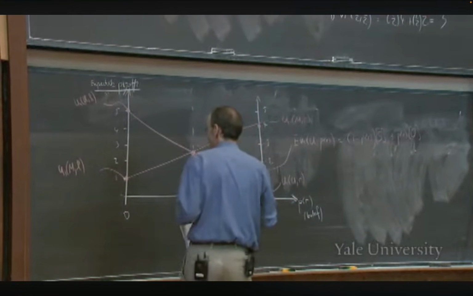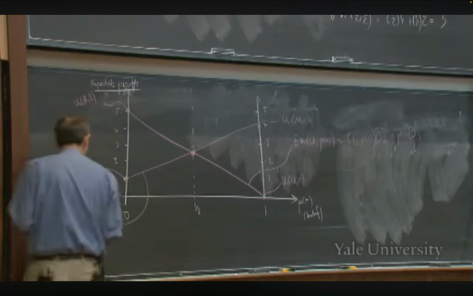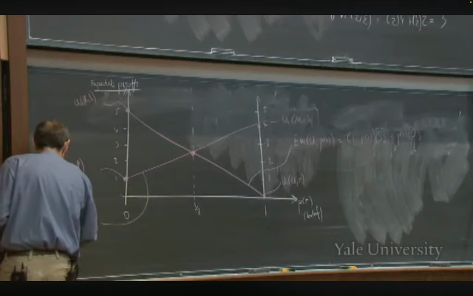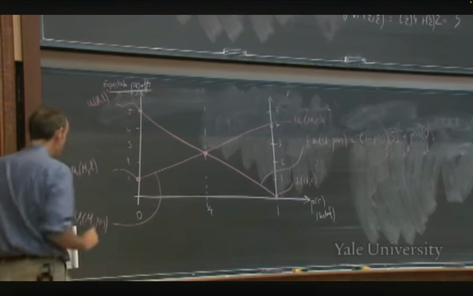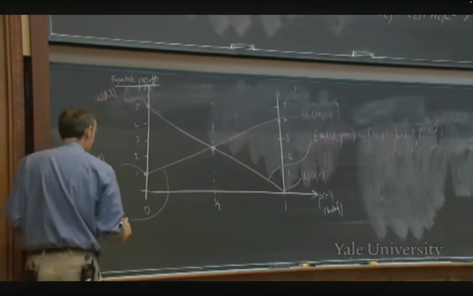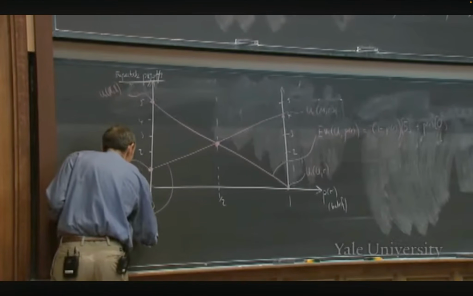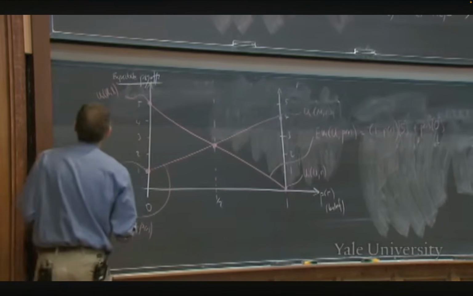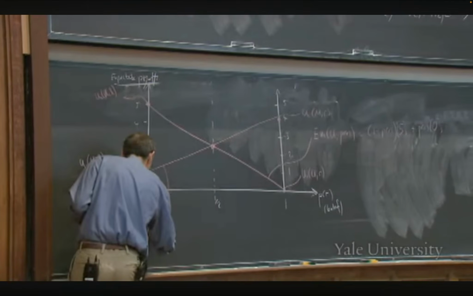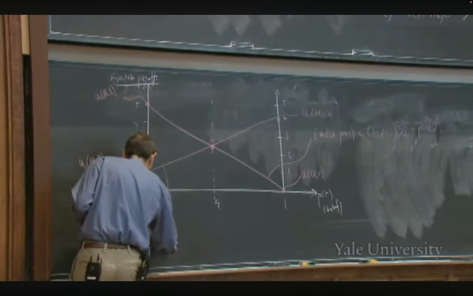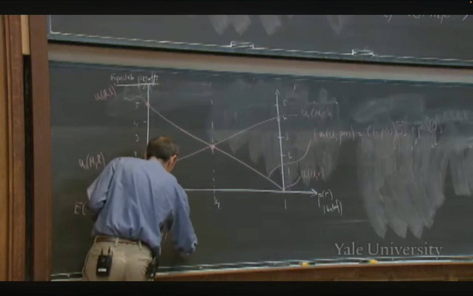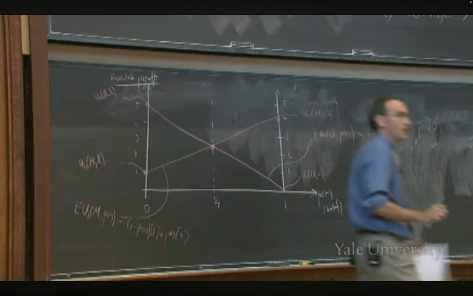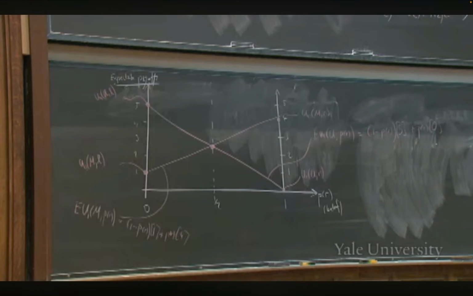And the line in between is the expected payoff to player 1 of choosing middle as a function of the probability that the other person chooses right. We could write down the equation: 1 minus the probability they choose right, times 1, plus the probability that they choose right, times 4. Don't worry too much about the equation. We're not really going to do any math here. I'm just putting it in for completeness.